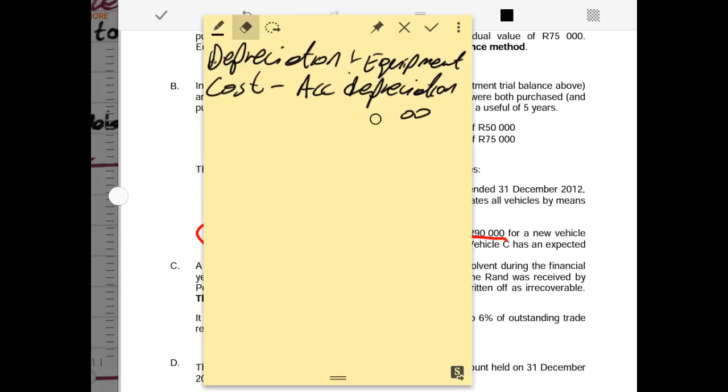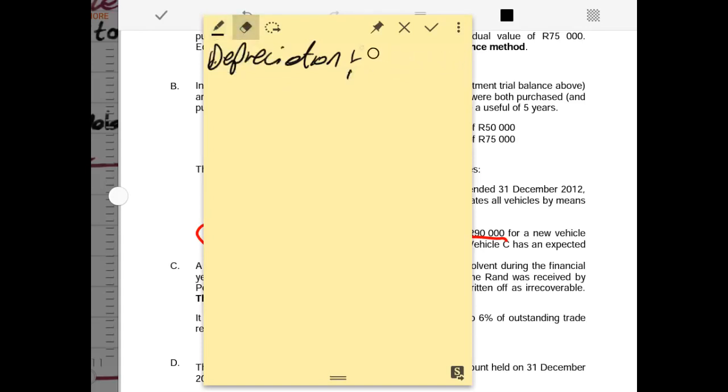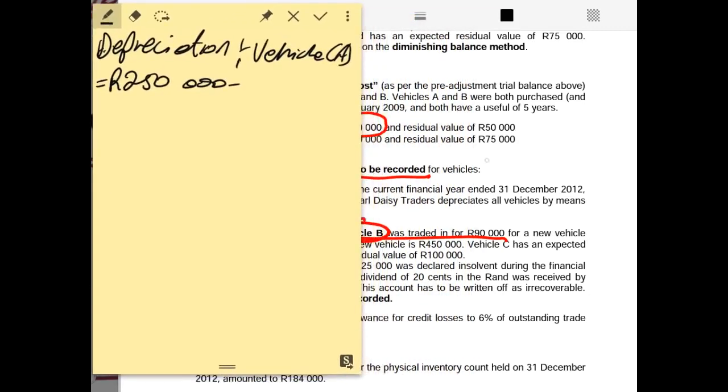Motor vehicle A, we know that it cost 250,000 rands. Then we say depreciation for vehicle A is the cost of 250,000 rands minus the residual value. We are given the residual value as 50,000 rands.